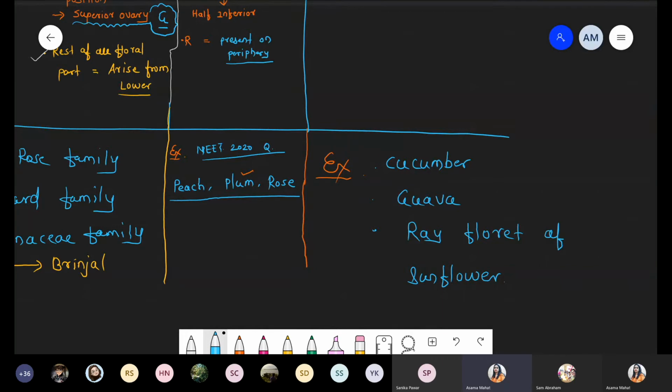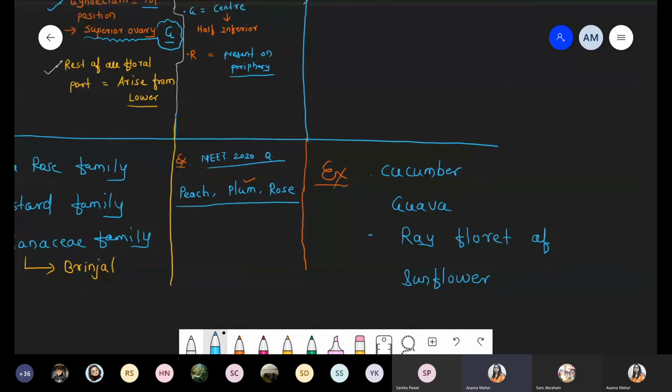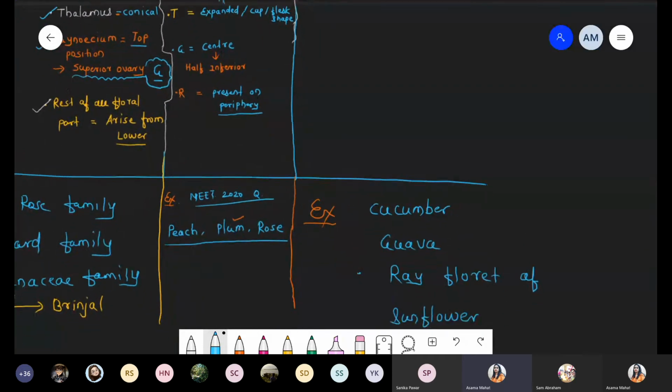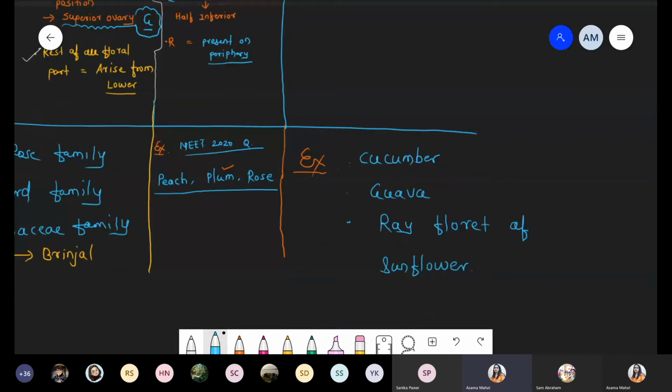Now, first of all, we draw the characters with respect to thalamus, gynoecium, and the rest of the portion. So see the examples: cucumber, guava, and the ray floret of sunflower. Sunflower basically has two parts. One is the ray flower and the other we will discuss later, that is the disc flower. So actually there are two types of florets in sunflower, which belongs to the most advanced dicot family, the Asteraceae family, the sunflower family.